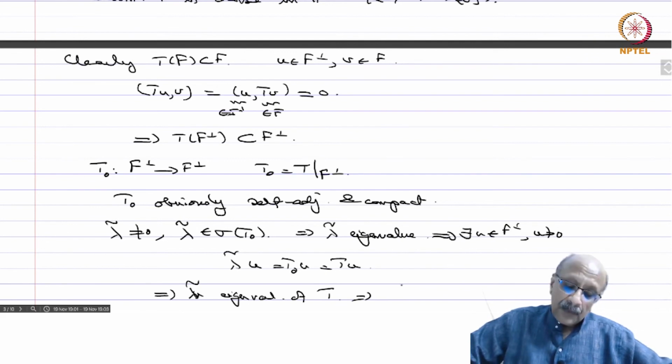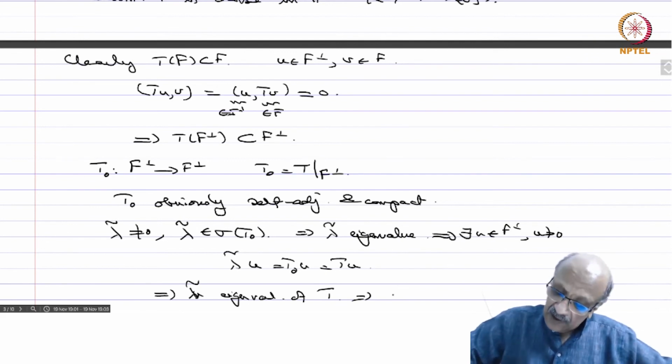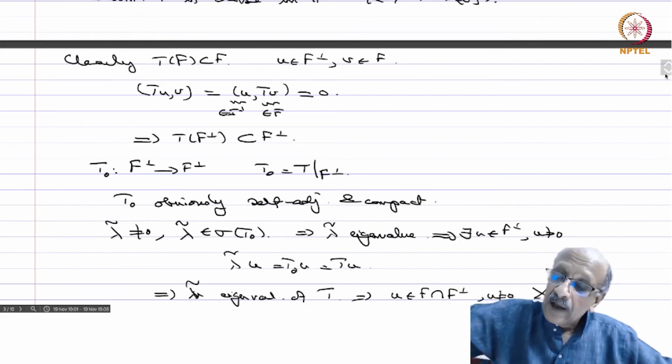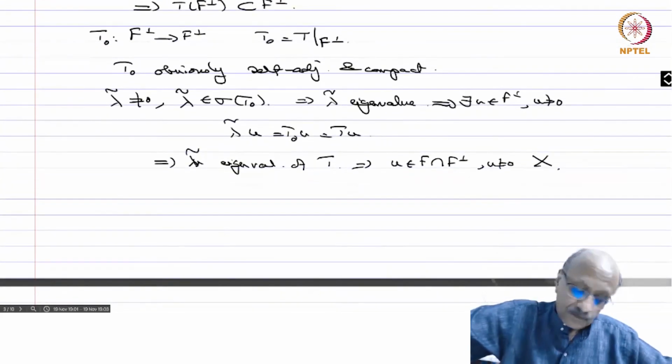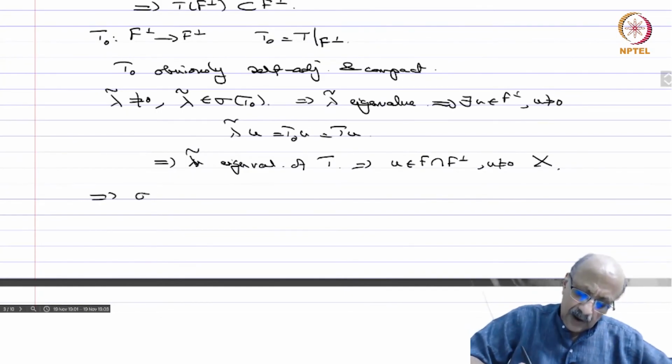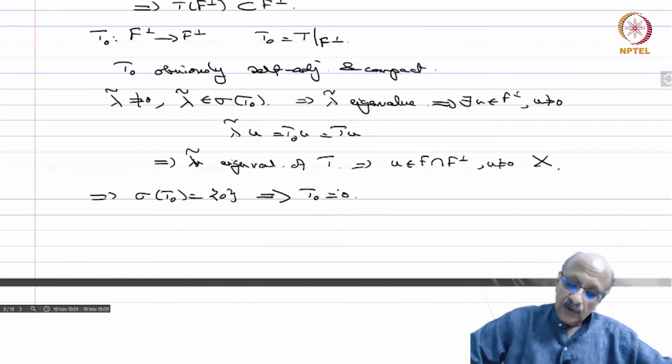But we have lumped all the eigenvalues together in the space F, that means u belongs to F intersection F perp, and u is not equal to 0, which is a contradiction. Okay, you cannot have that. So this implies that sigma(T_0) is singleton 0, and by our earlier corollary we have that T_0 is in fact equal to 0.